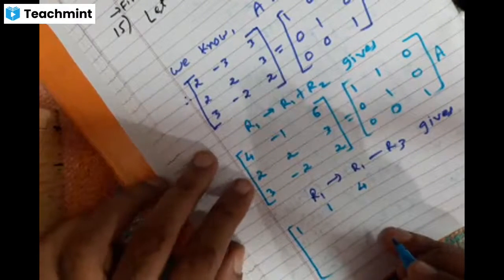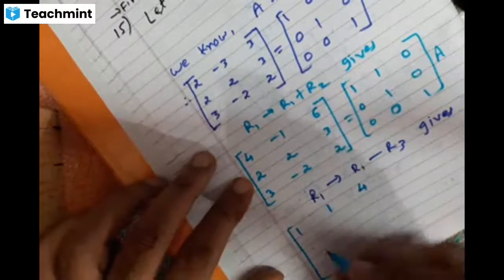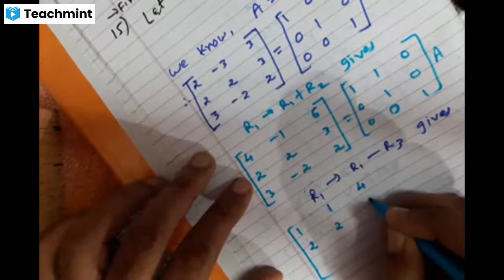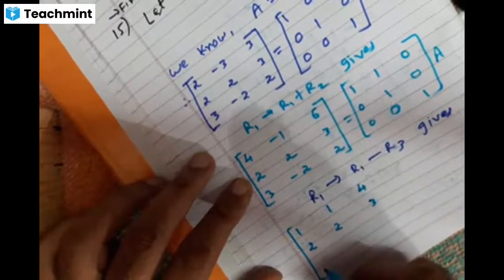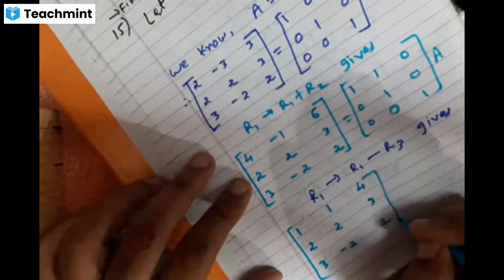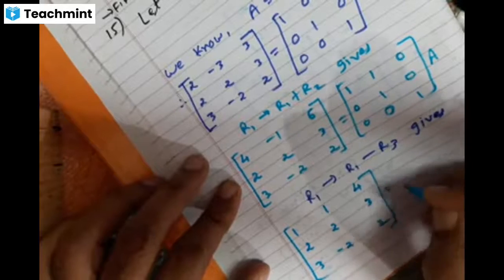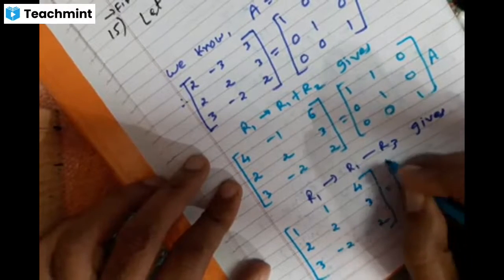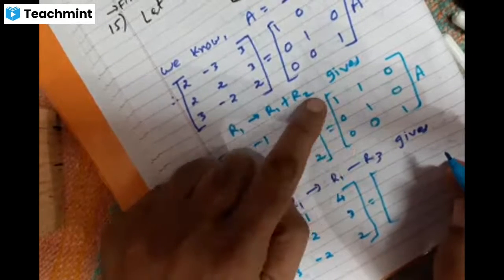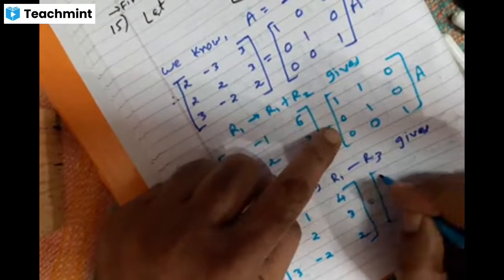Now again second and third row no change, so 2, 2, 3, okay, then 3 minus 2, 2 is equal to. The same thing you have to do here also. So R1 minus R3, 1 minus 0 will be 1 only.